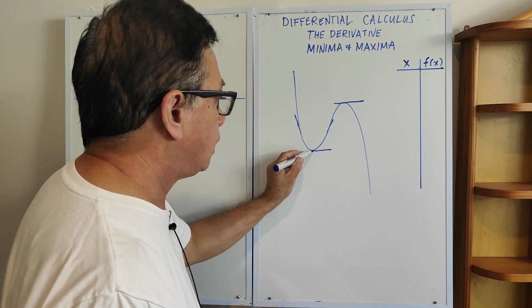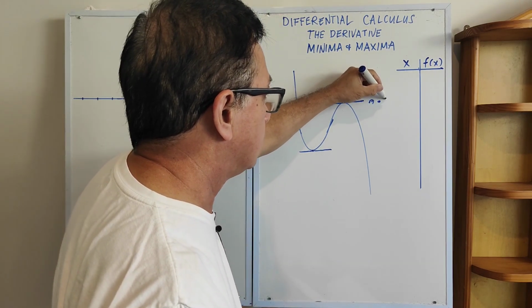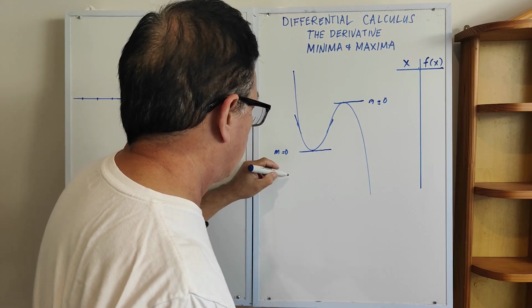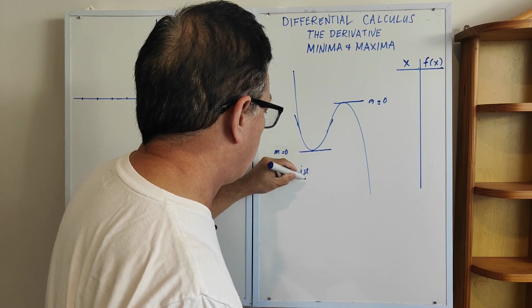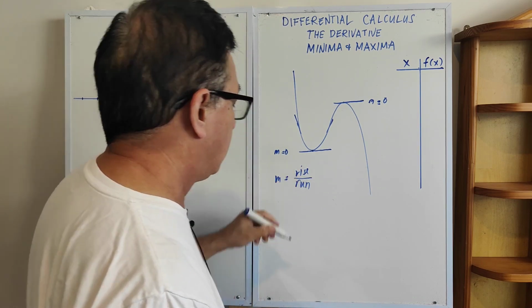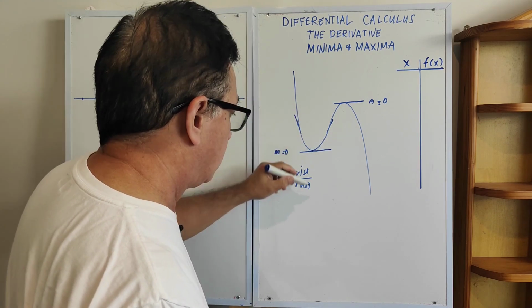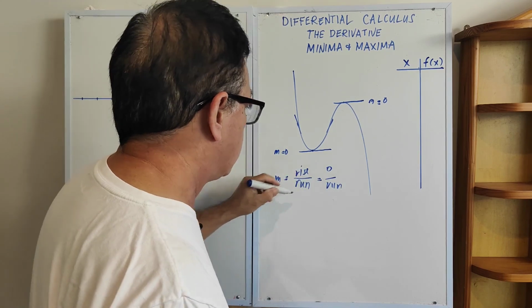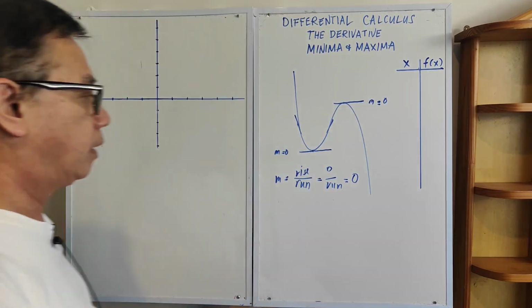But at this minima and maxima, the slope is 0. Your slope is the rise over the run. But in here, there's no rise, only run. So this rise will be 0 over the run. So your slope is 0 at this point and at this point.